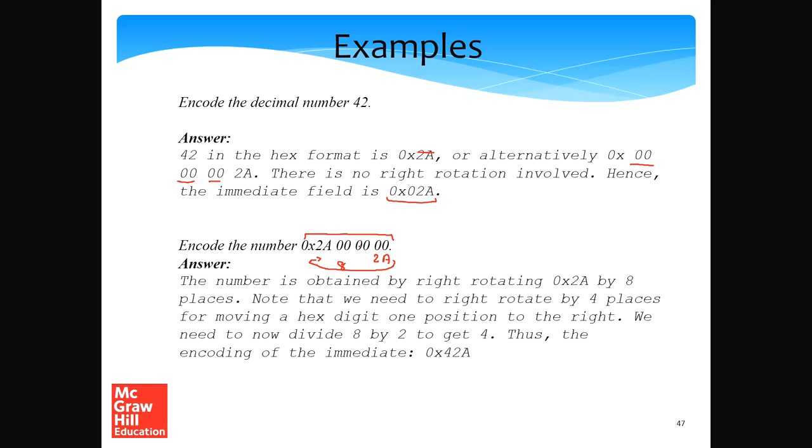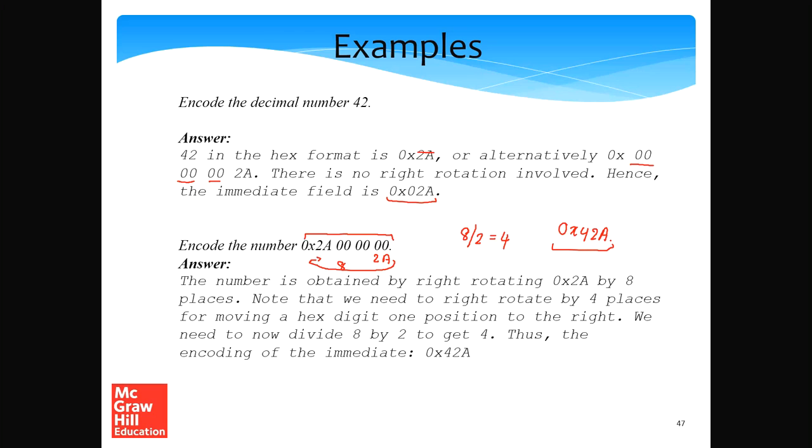So to move a hex digit by 2 places, it'll take 8 right rotations. The number of right rotations is 8, we divide that by 2, we get 4. So the encoding of the number is 0x42a. Similarly we can have all kinds of numbers and we can try to encode them.